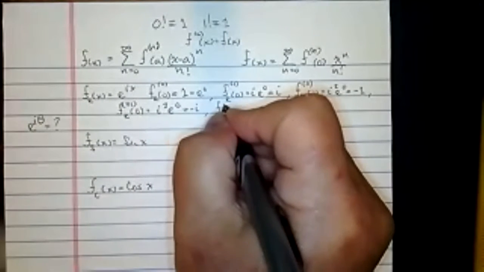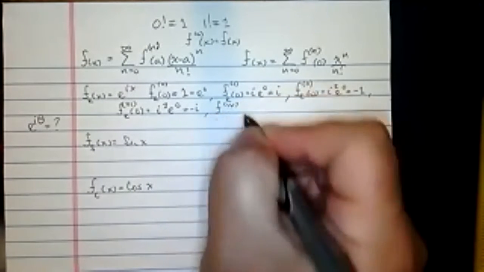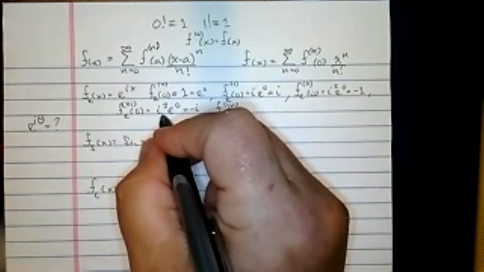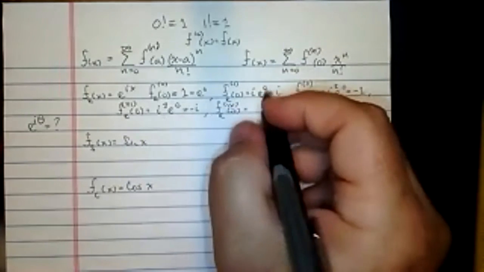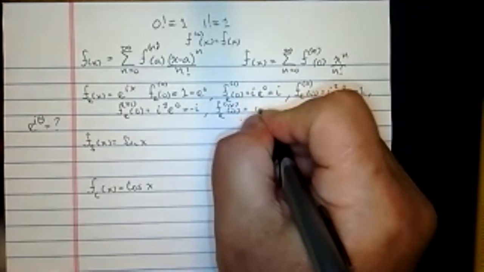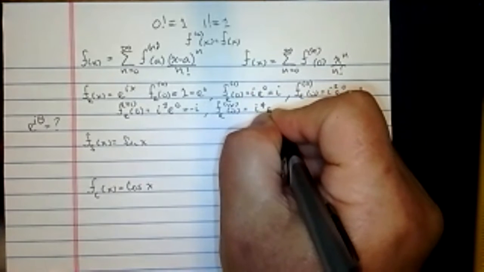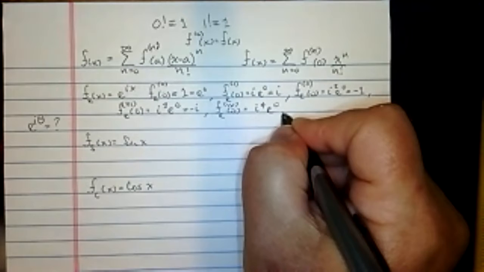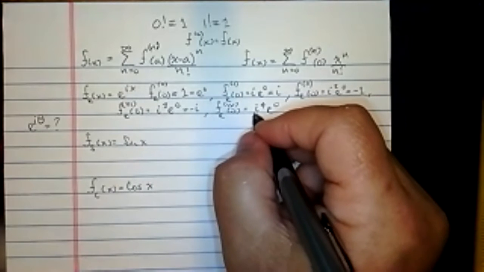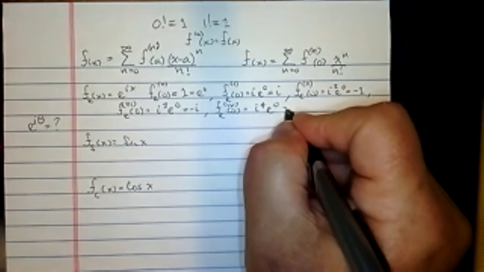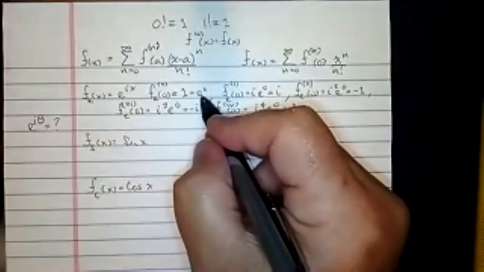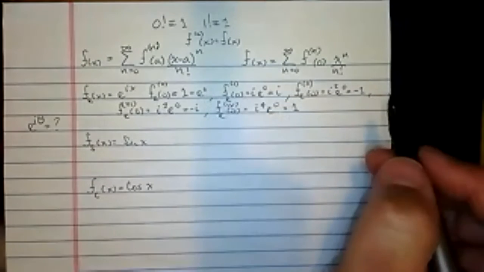We do f IV, the fourth derivative, evaluated at 0. That's the derivative of i cubed times e to the ix. So I end up getting i to the fourth e to the 0. And that really is enough, because i to the fourth would be -1 times -1, which equals +1, which I think you can see is we're back to basically e to the 0 again.